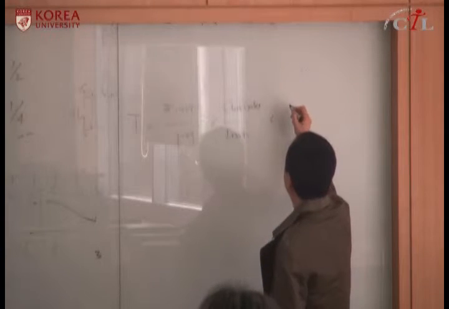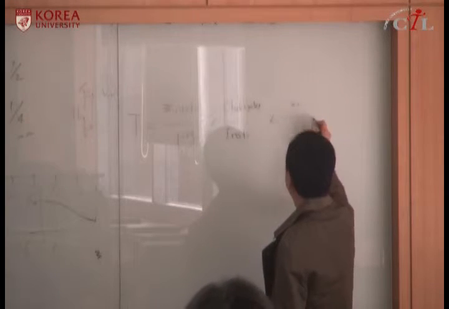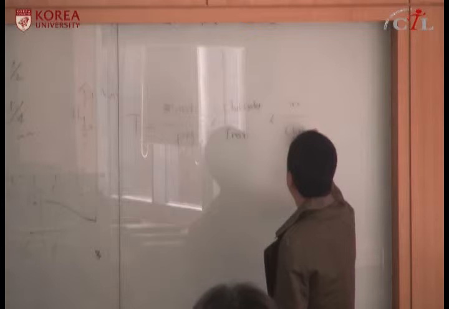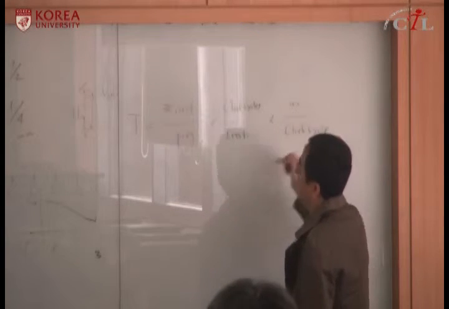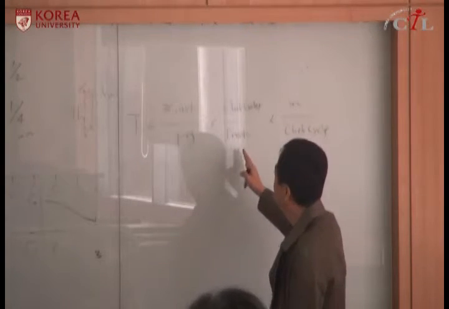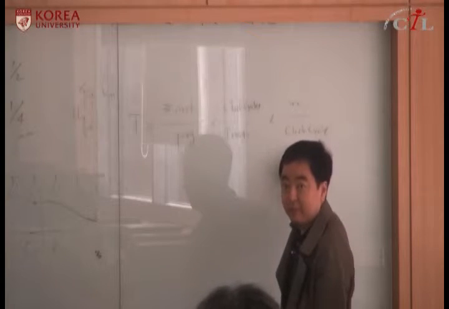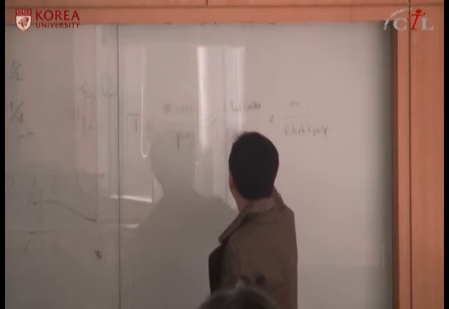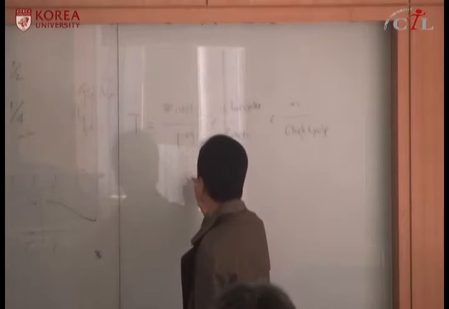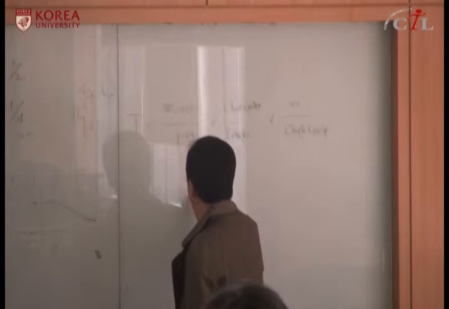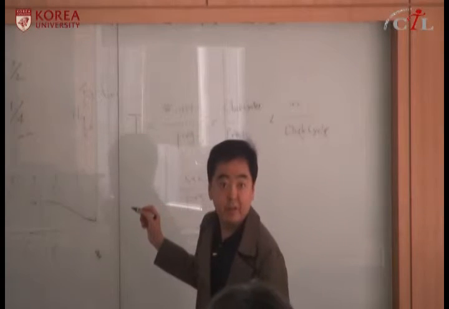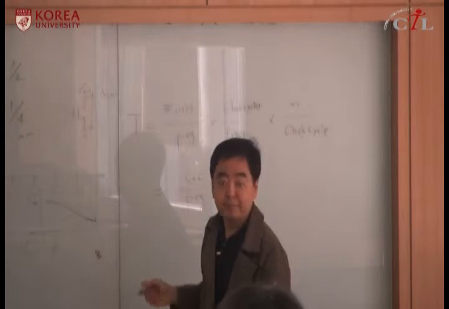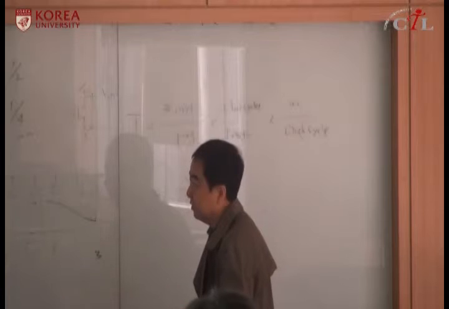Then times how many seconds for each clock cycle. This is the number of instructions, this is CPI, this is clock cycle time. Then if you multiply them all, instruction and clock cycle cancel out. So how many seconds for each program? That's the execution time.